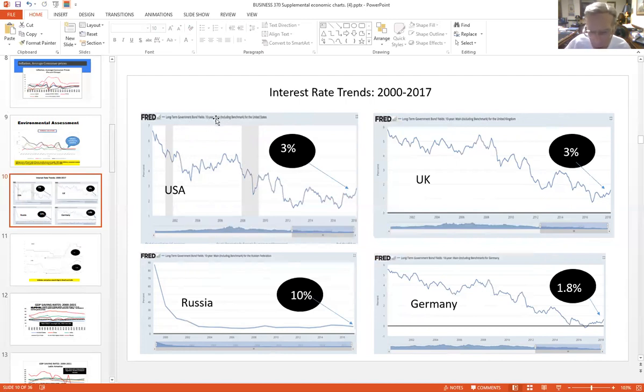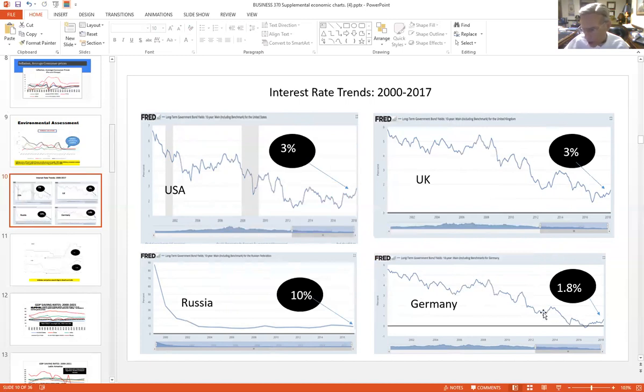These are long-term interest rates, 10-year interest rates, about 3%. Today, probably about the same. If we go on to the UK, we see a fairly similar pattern, don't we? And that's because these economies are pretty much in lockstep.